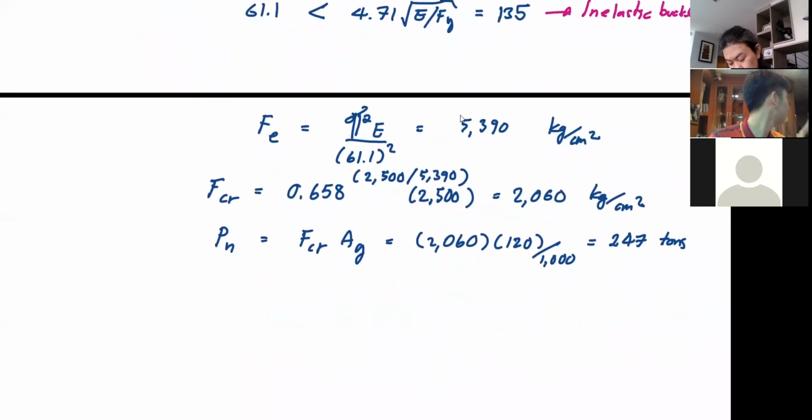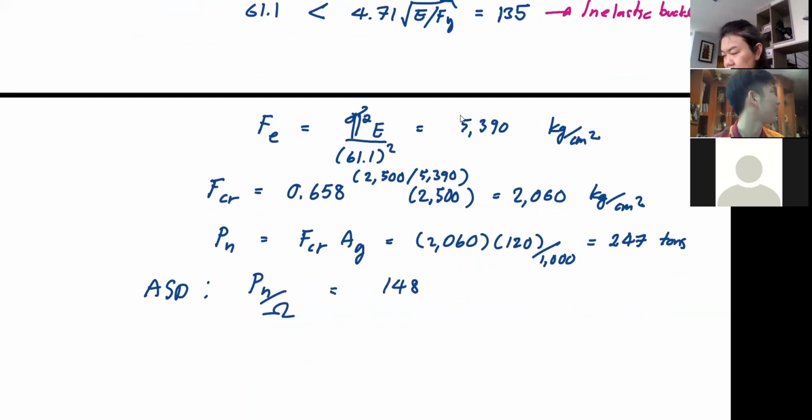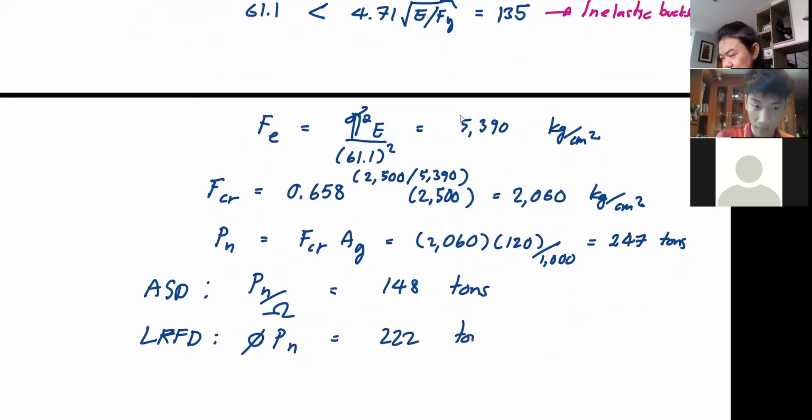So if it's ASD, you have P nominal divided by the factor of safety, and this will give you 148 tons. If it's LRFD, it's phi P n, and it is 222 tons. Okay.